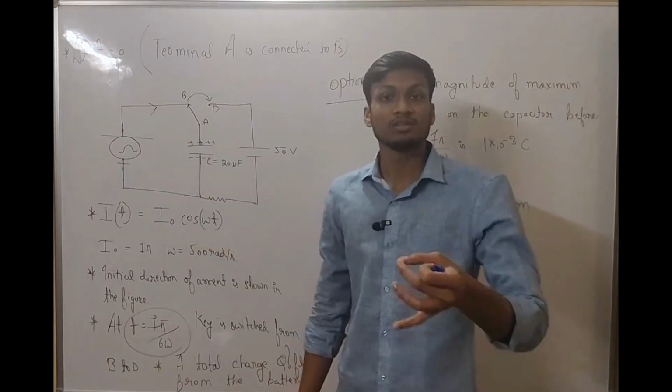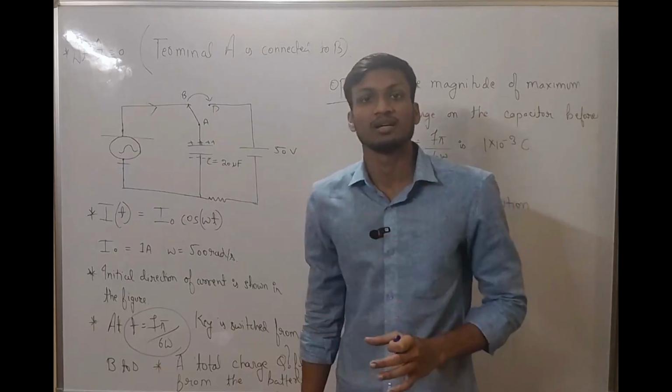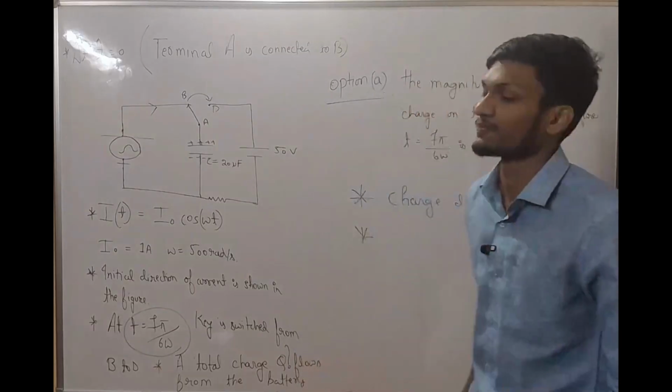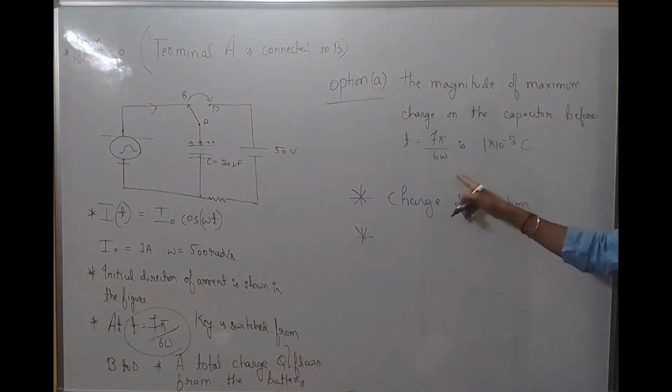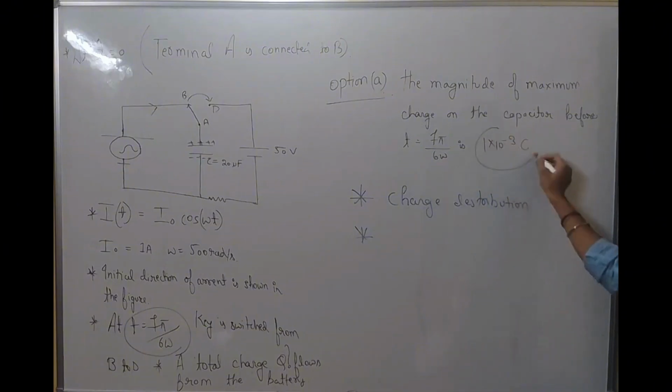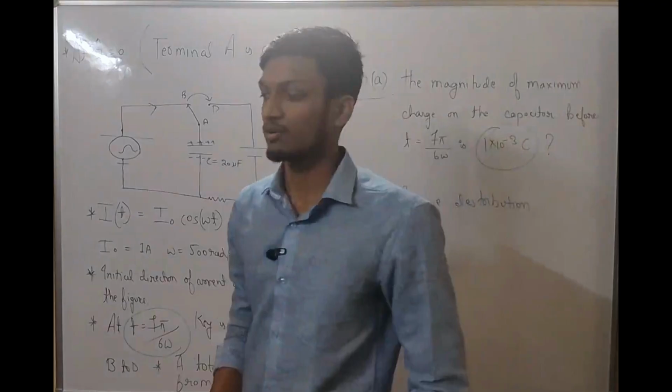And during this charging process, the maximum charge is what is asked in this option. This option tells us that the magnitude of the maximum charge on the capacitor before this time is this. So we will have to check whether this option is correct or not.